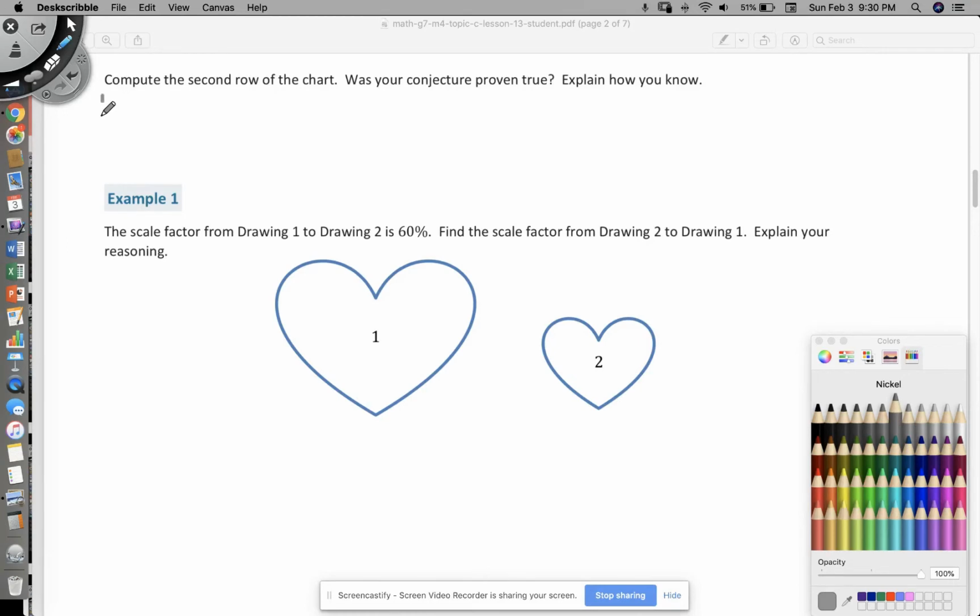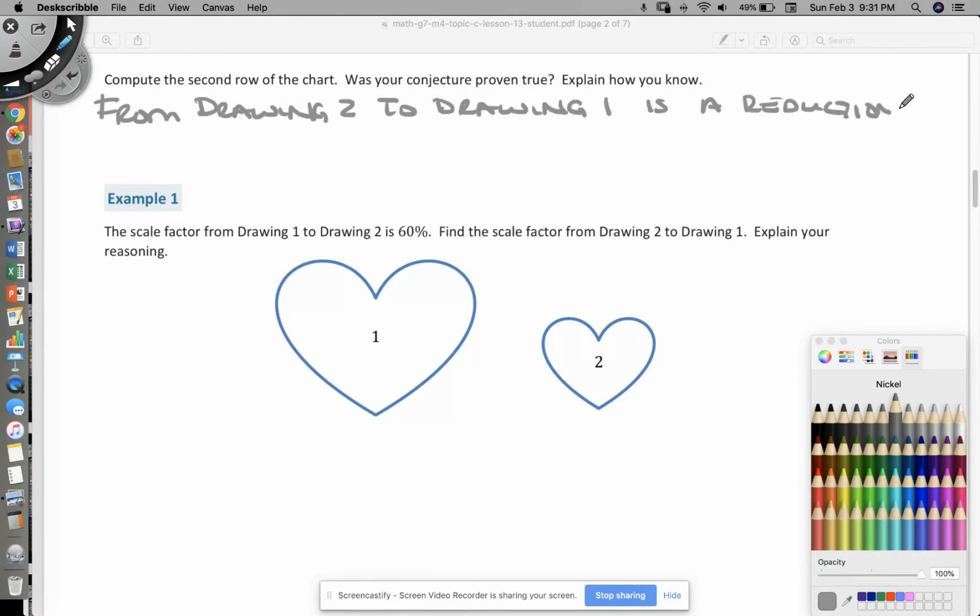All right, we're going to say from drawing 2 to drawing 1 is a reduction. So basically, we're just proving our table up above. We're making a statement proving that our math up above is correct.